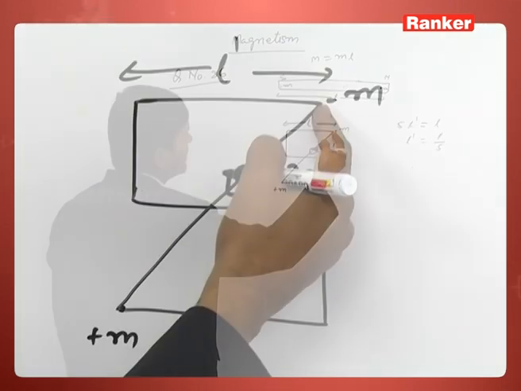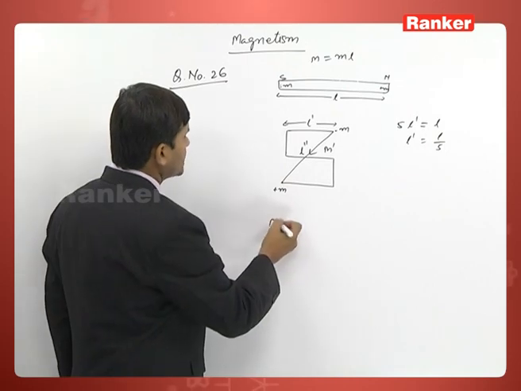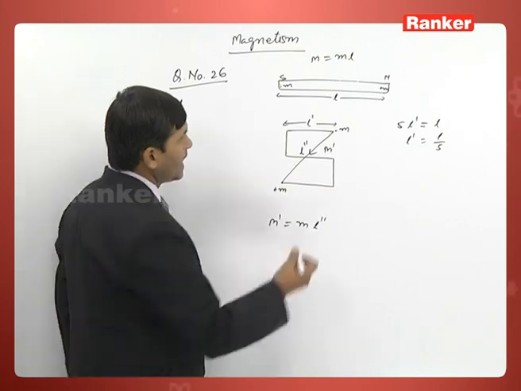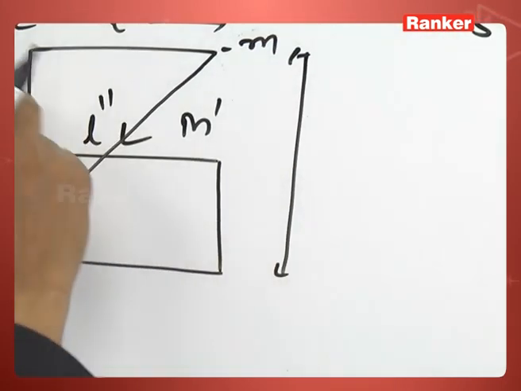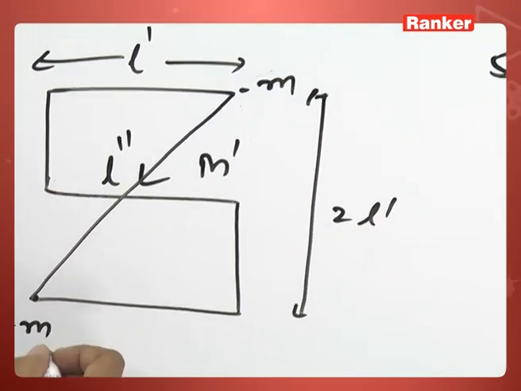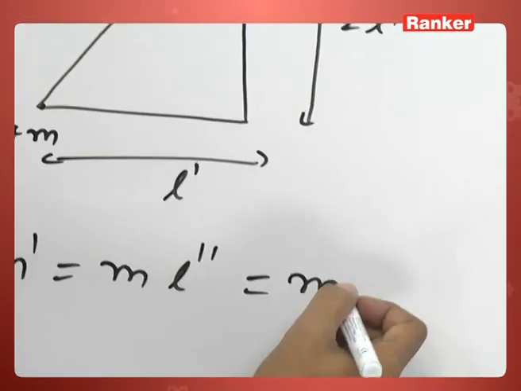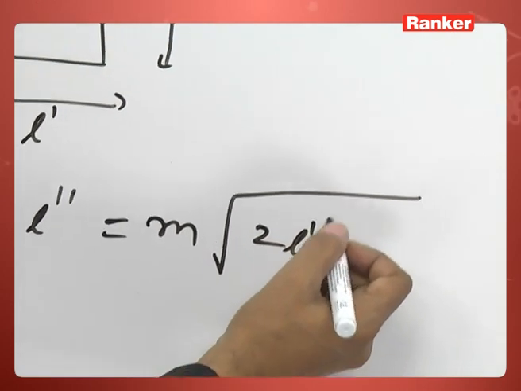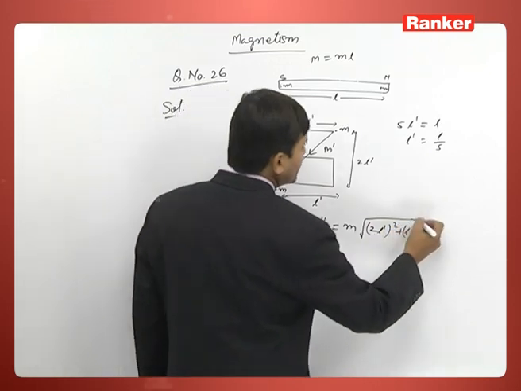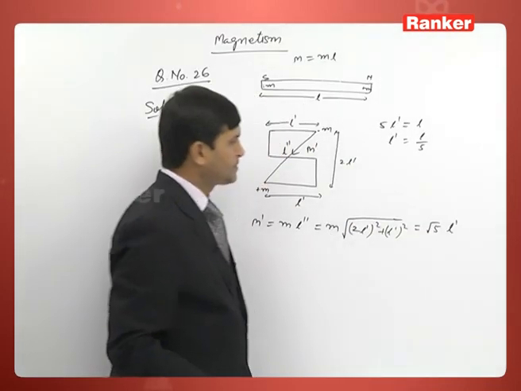So first we have to find this distance. Let this distance be L double dash. The magnetic moment M dash is M into L double dash. In L double dash, this is L dash plus L dash, it means 2L dash, and this is L dash. The L double dash is root over 2L dash square plus L dash square. So this becomes root 5 into L dash.